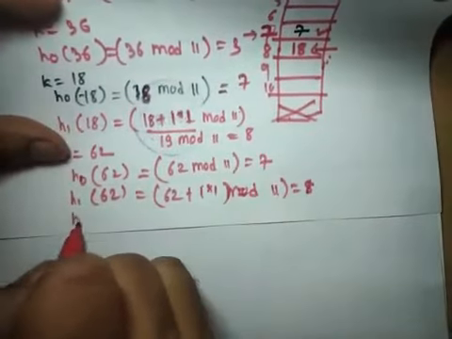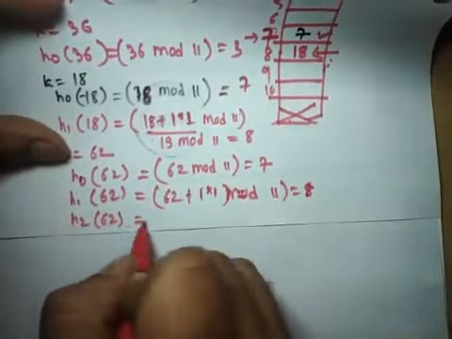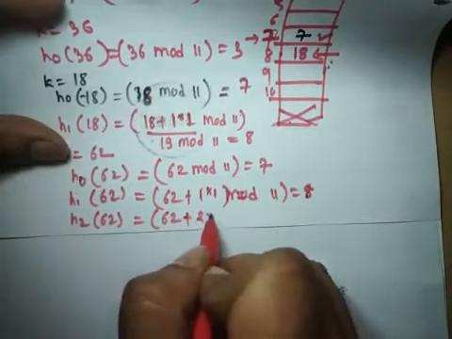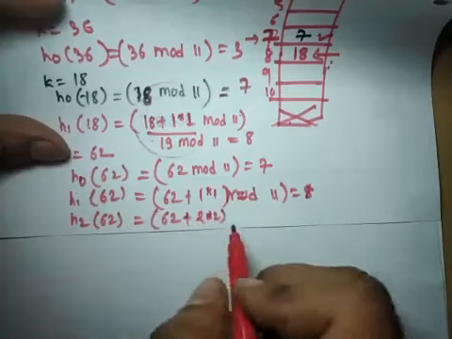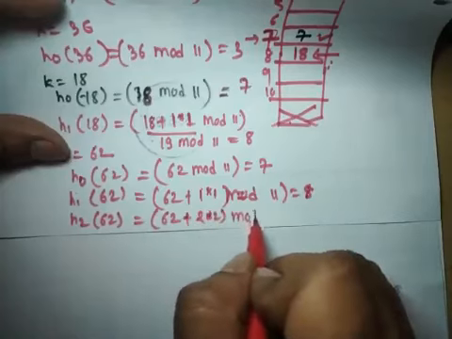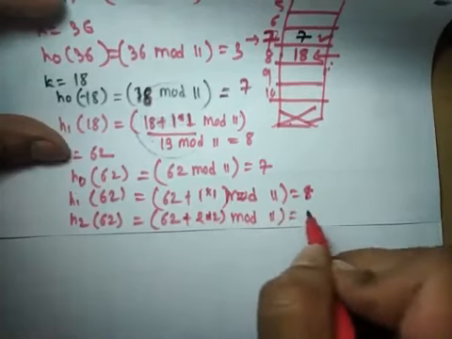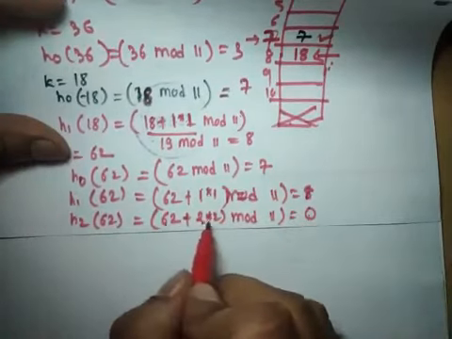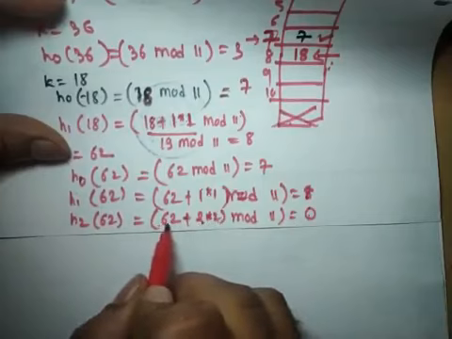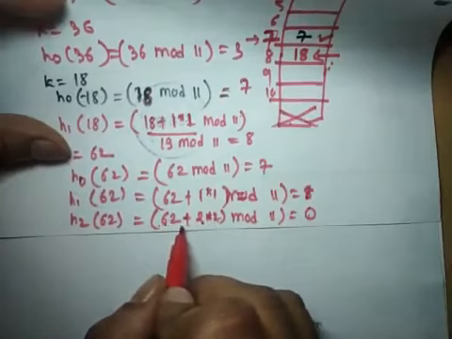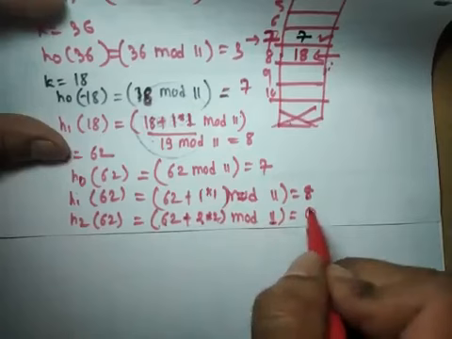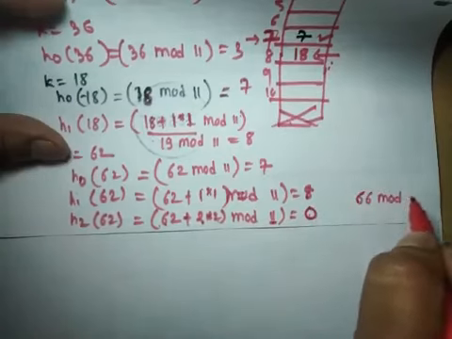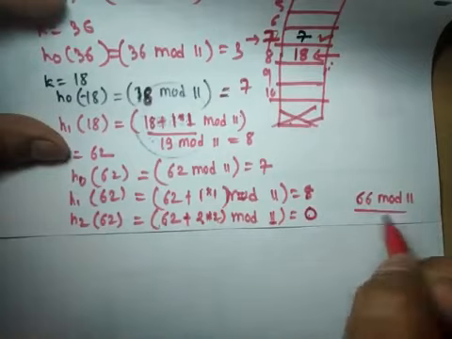So that is H2 of 62, which is equal to (62 plus 2 into 2) in quadratic form, mod 11. 2 into 2 is 4, 62 plus 4 is 66, and 66 mod 11 will produce the index value 0.